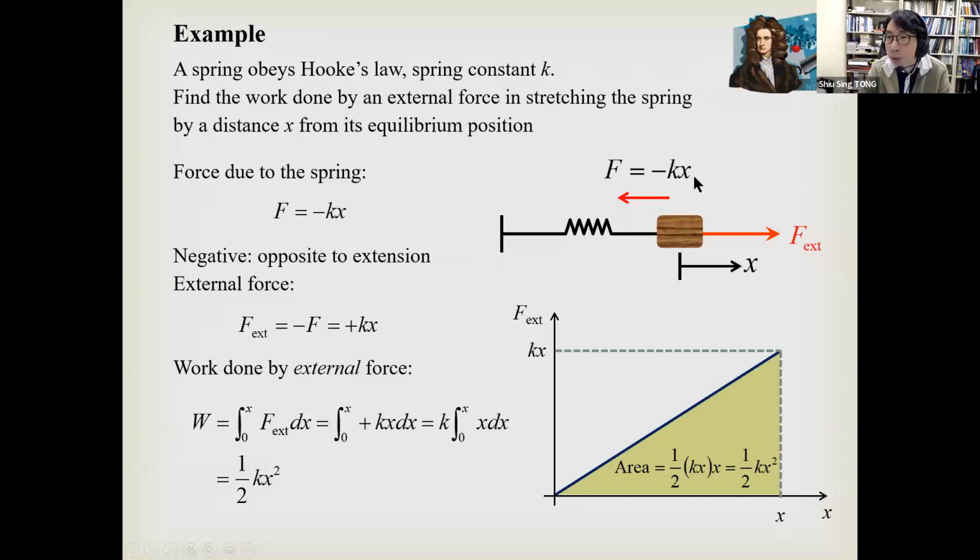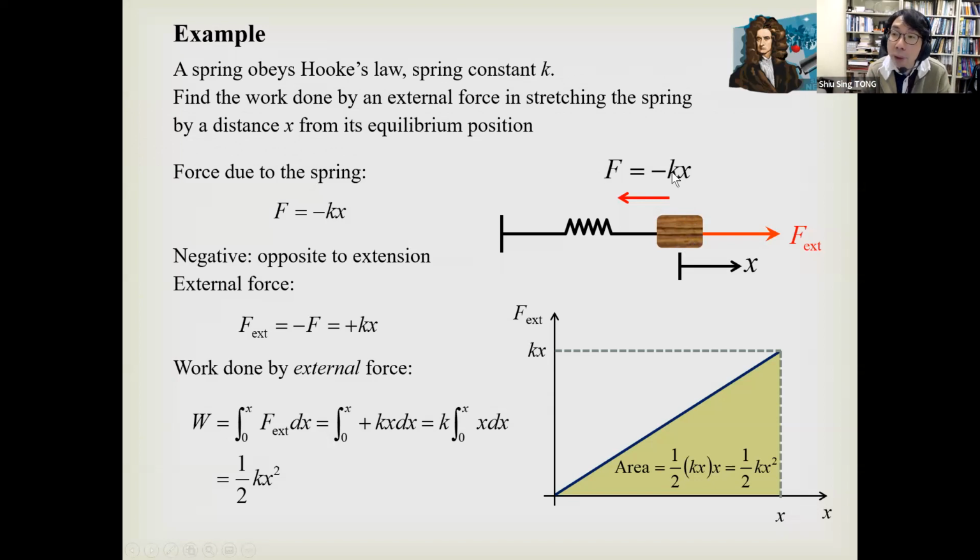So we can approximate the force by this equation. The force being proportional to the extension x. x is measured from the unstretched position of the spring. So when x is equal to 0, the spring is unstretched. At a certain x, the force is proportional to the extension, and the proportionality constant is k.